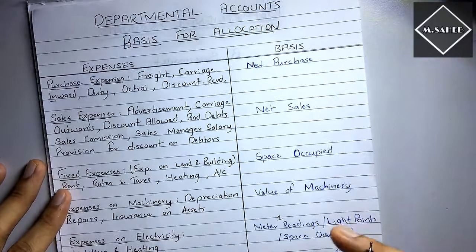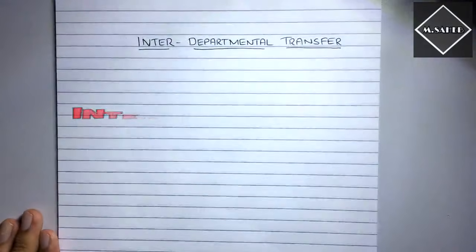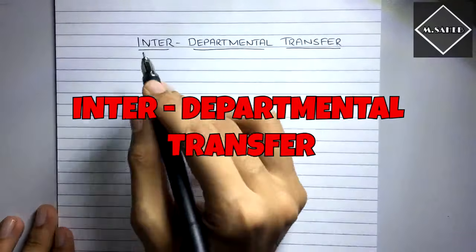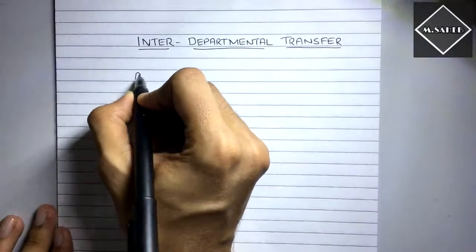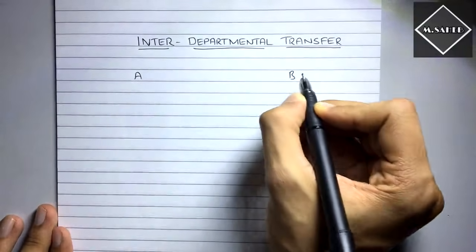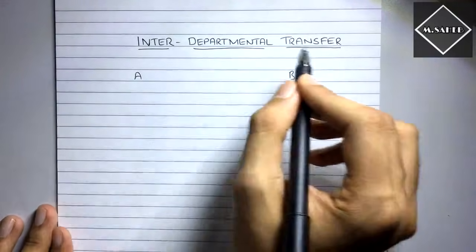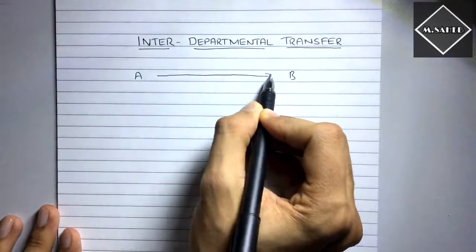It's very simple, okay? Now one more thing I need to tell you about is interdepartmental transfer. Now what is meant by interdepartmental transfer? It's very simple. Let's say there are two departments, A and B. In interdepartmental transfer, as the name suggests, there will be transfer of goods between the departments.